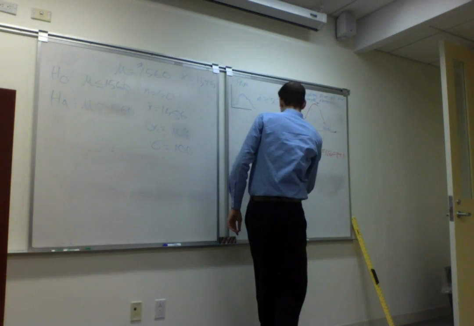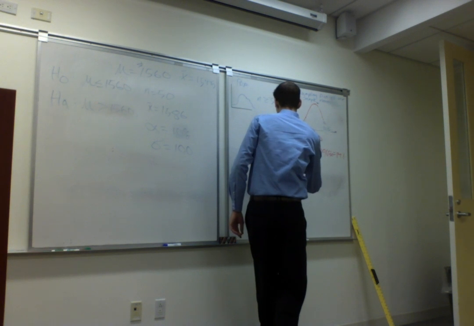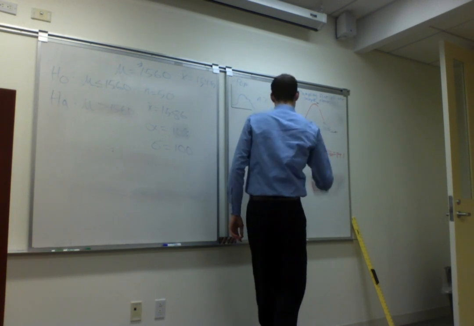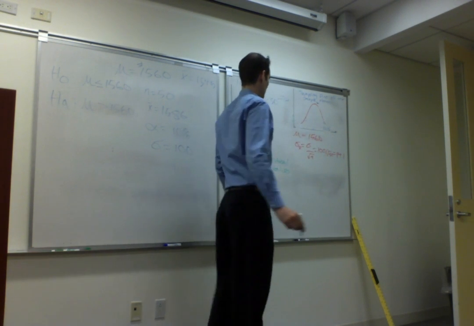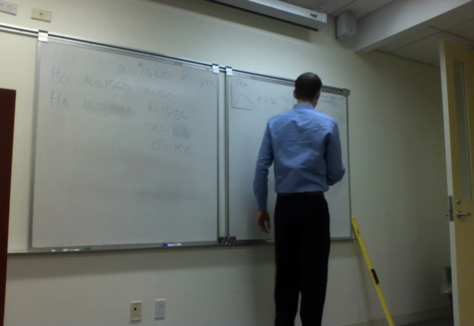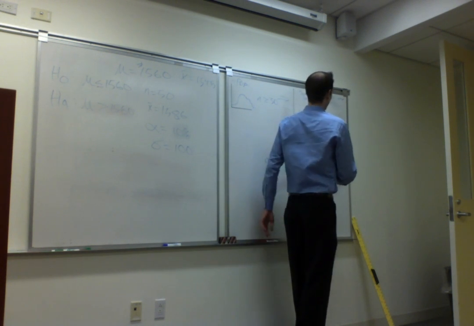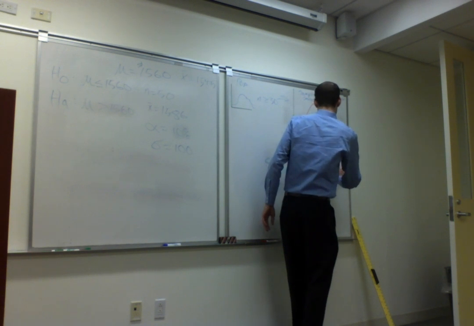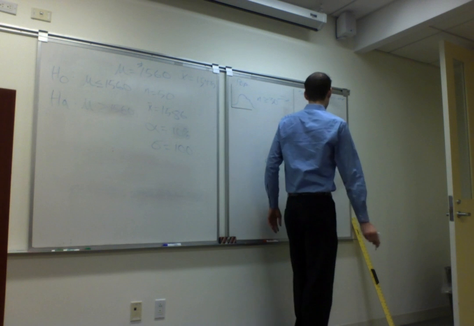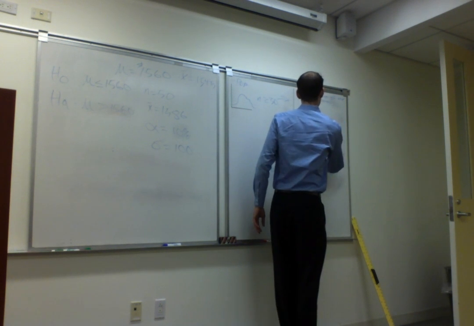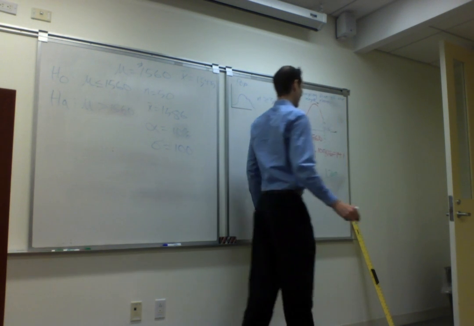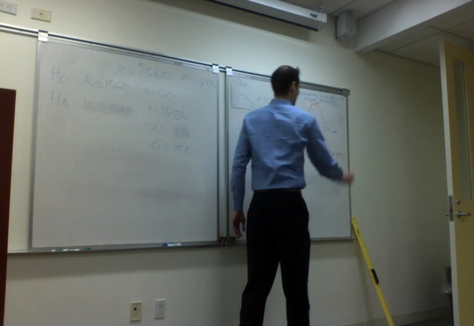Critical values. Negative 1.29. Okay, negative 1.29. All right. Tell me about the positive first. 1.29. Okay? That's the important critical value to us, 1.29. Why do I not care about negative 1.29?